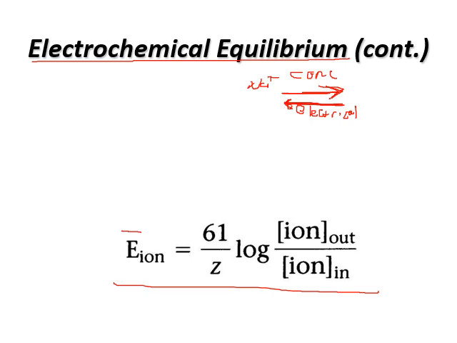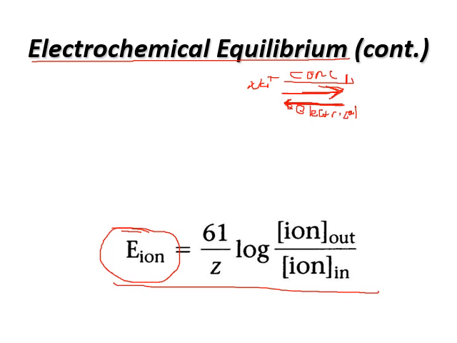And so what the Nernst equation is telling you is at what membrane potential, what millivoltage, these two forces will be equal. Your body keeps a certain ion concentration inside and outside the cell.